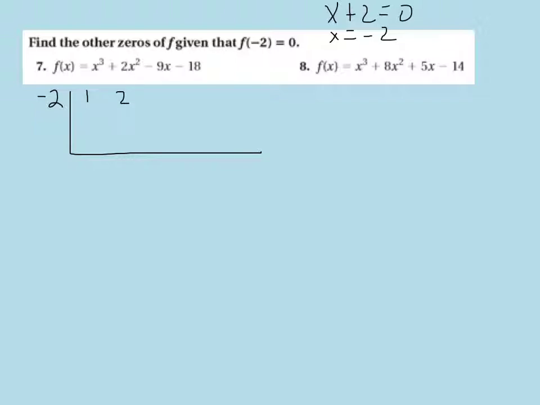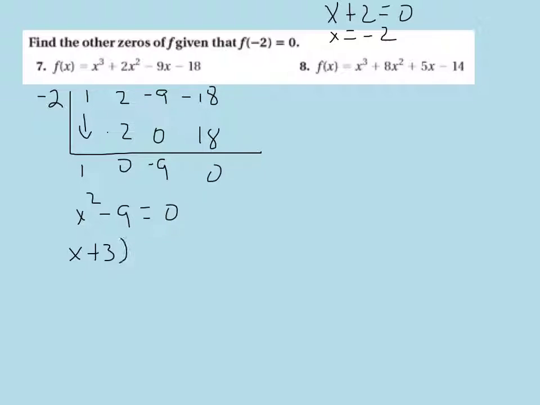1, 2, negative 9, negative 18. 1, negative 2, 0, negative 9, 18, 0. So I'm left with x squared minus 9 equals 0.